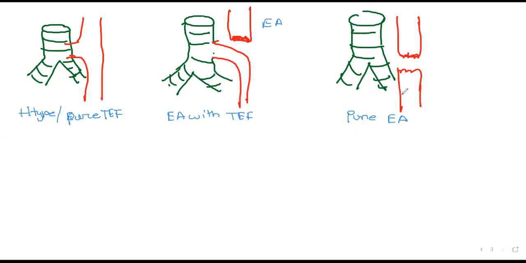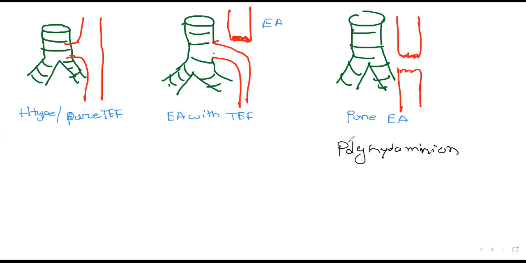First of all, let's look at our pure esophageal atresia type. When a baby has this type of abnormality, they cannot swallow their amniotic fluid. So they usually present with polyhydramnios.